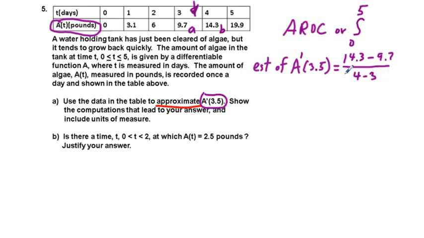And we can just leave it like that. And it says include units of measure. Well, that's going to be pounds, which I'll abbreviate as LBS, per day. And then you can make this, I think, 4.6 pounds per day. That's it. You need to have the units of measure.